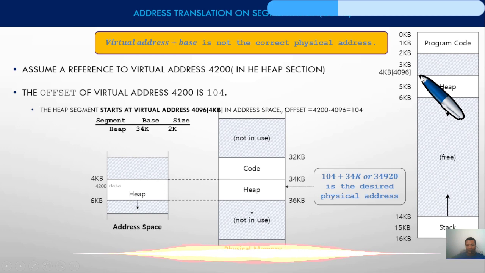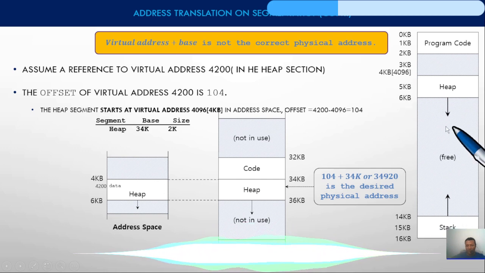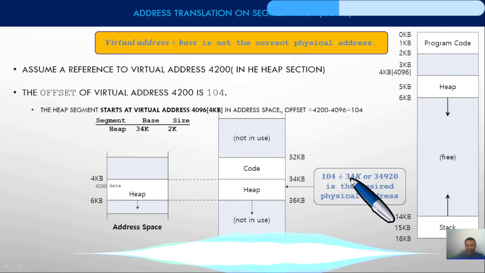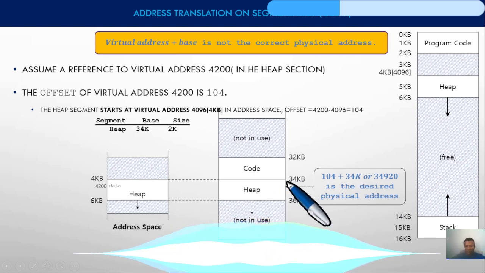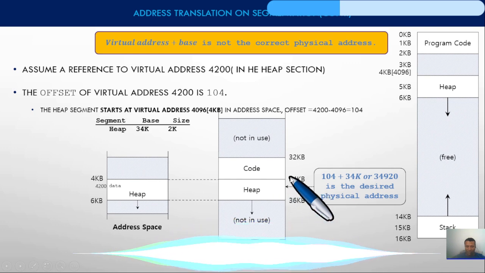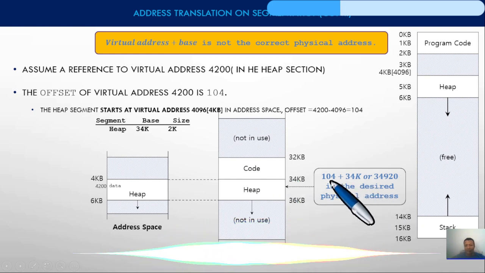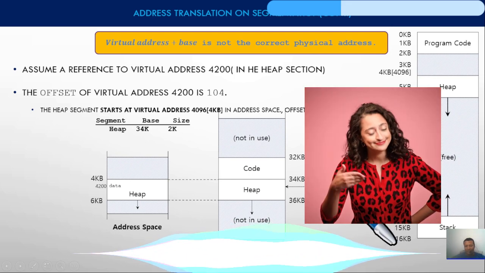Once we get 104, then 104 plus 34k, because 34k is the base address in physical memory for the heap. As you can see, the heap starts at 34k. So this is the desired physical location.